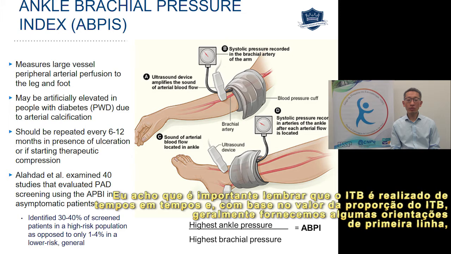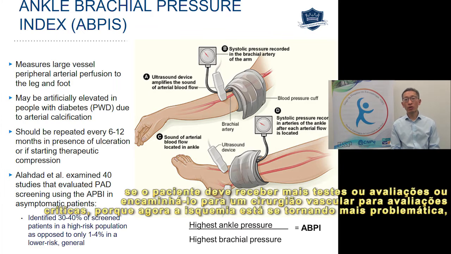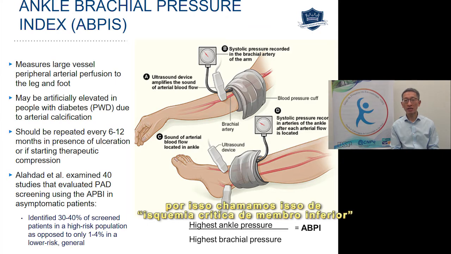It's important to remember that ABI is done from time to time, and based on the value of the ankle brachial pressure index and the ratio, we often provide some first-line guidance on whether the patient should receive further testing or evaluation, or be referred to the vascular surgeon for critical assessment, because now the ischemia is becoming more problematic. We call that critical limb ischemia.